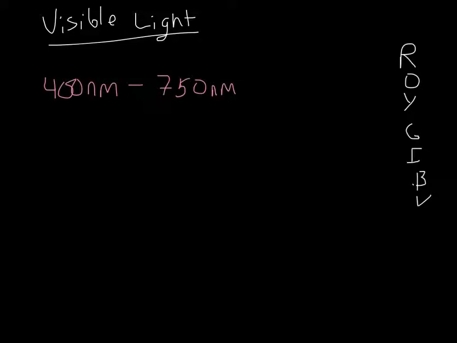Okay, and the wavelengths match up like this. Red is in the 750 nanometer range, just under, and violet is way down here at about 400. This is a very small range of wavelengths.